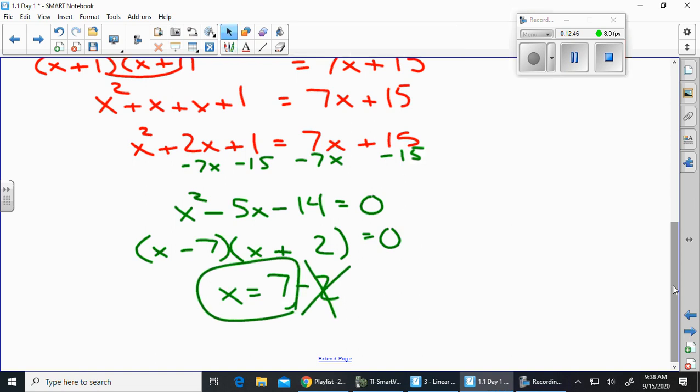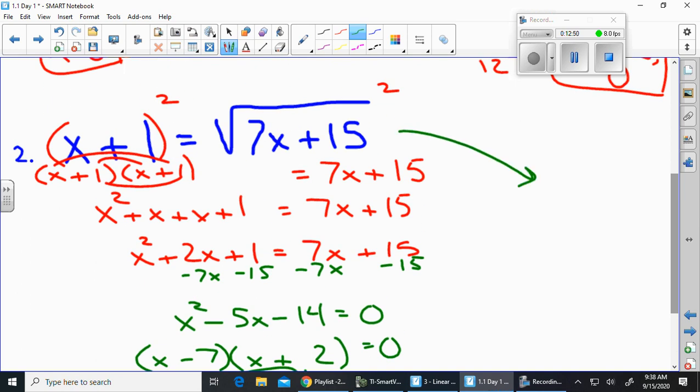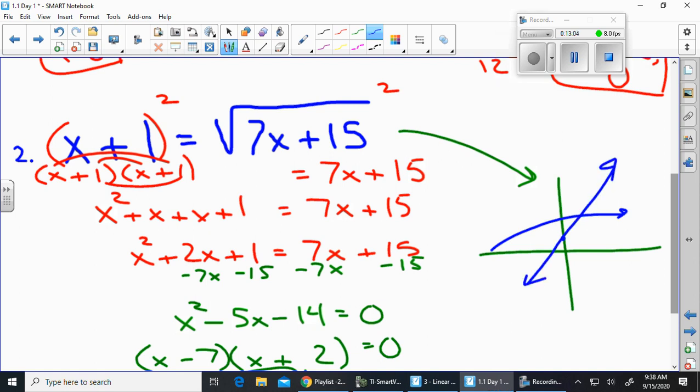That's my only answer. Now you think of this graphically, which I sort of want you to start thinking of. The square root of 7x plus 15 is like this. X plus 1 is like that. How many answers does that equation have? How many times does it cross? Once, not twice, which is why we get that extraneous.